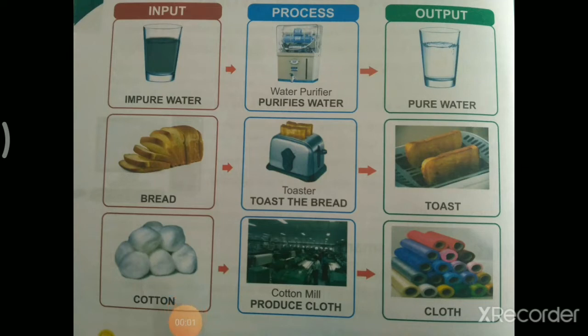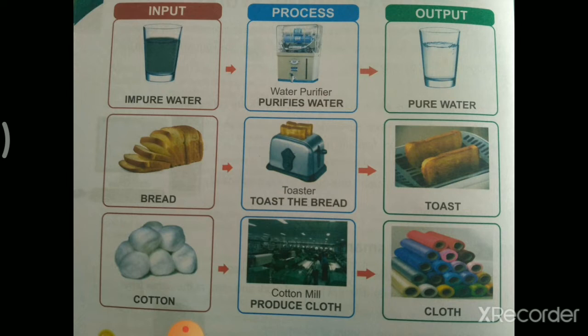We can see many such examples of the IPO cycle in our daily life. First one, how to make impure water into pure water. Here input is impure water. Process, the water purifier purifies the water. Output is pure water. Then second one, how to toast the bread.